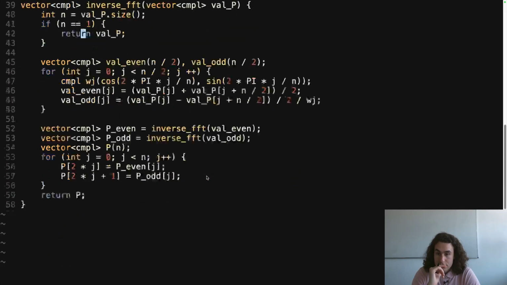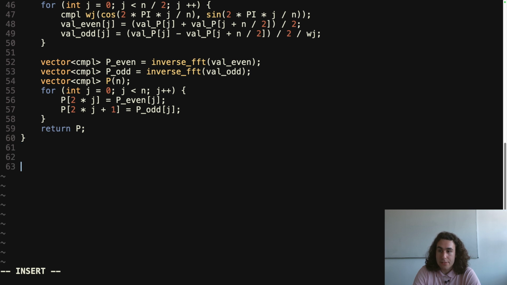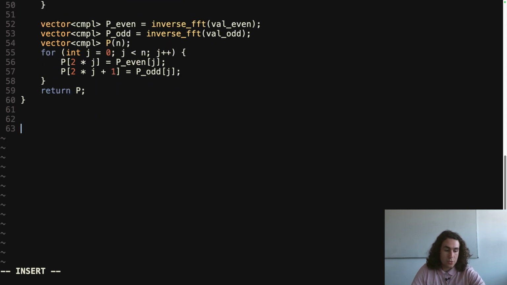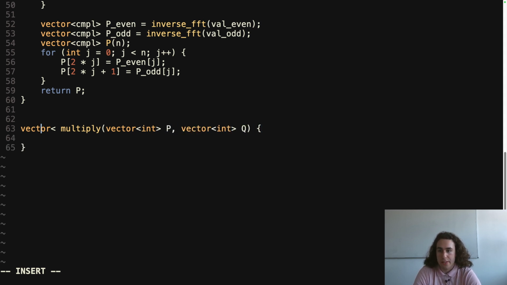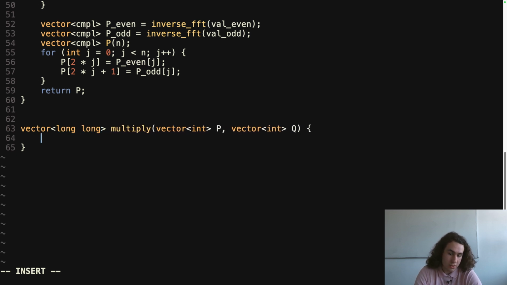Great. Now everything that's left to do is to write the multiplication of polynomials, right? So we have two polynomials, one is p and one is q, and we want to multiply them. The result is probably going to be a vector of long longs, because you sum up products, so it's going to be like n times c squared, where c is the limit on the values in p and q.